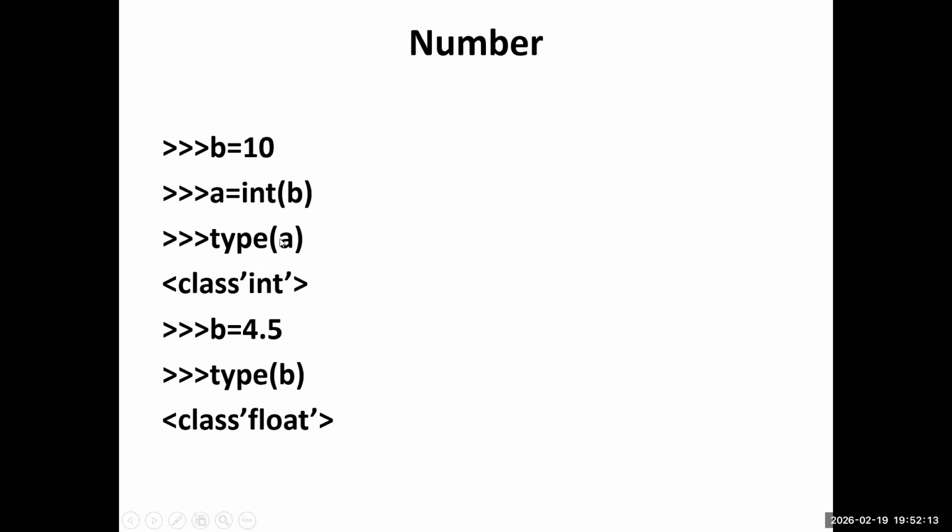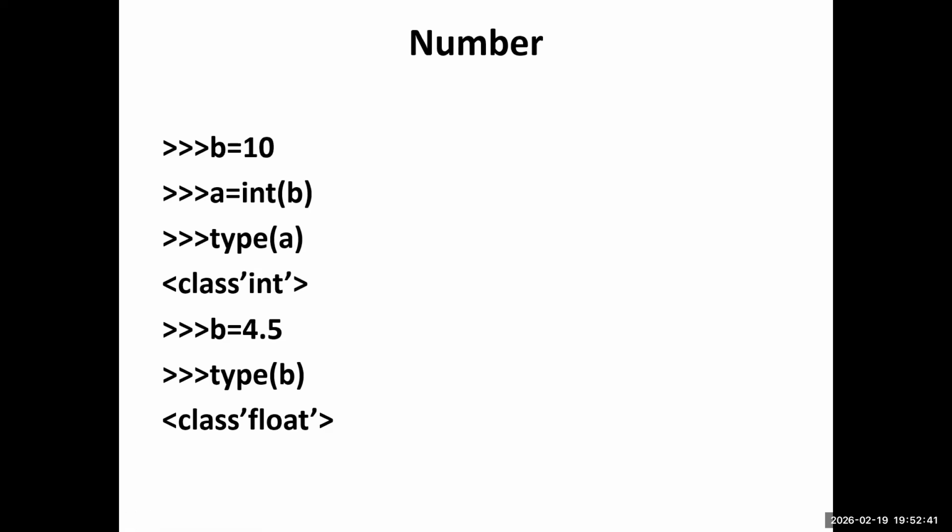If you want to find out the type of a variable, you can use the type function for finding the type of the particular variable. The output uses this format: using the angle brackets, first it specifies the class, and after that it specifies the data type within single quotes. This is the format used for displaying the type.